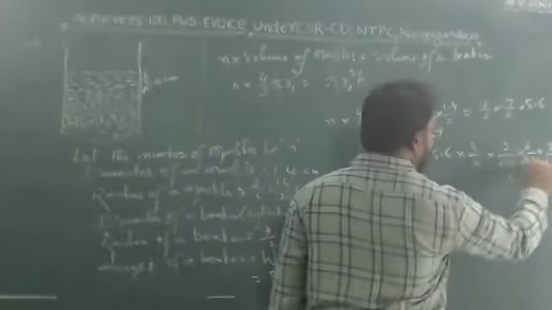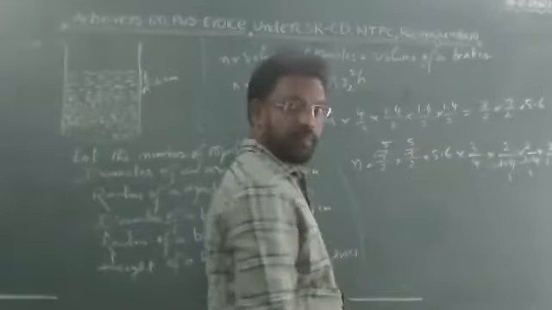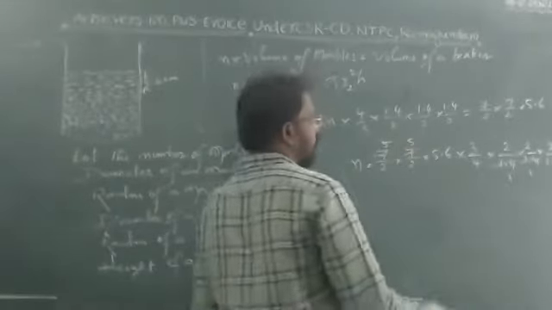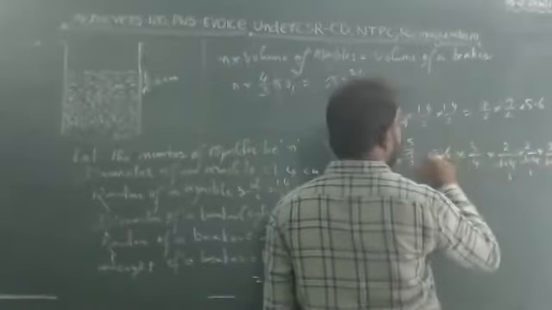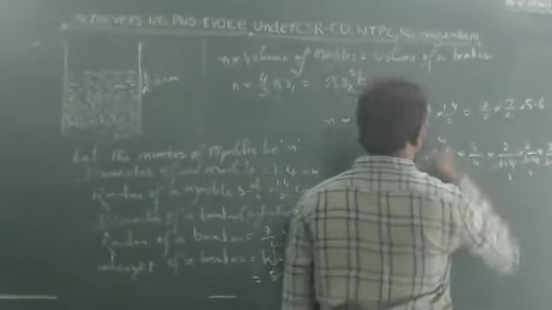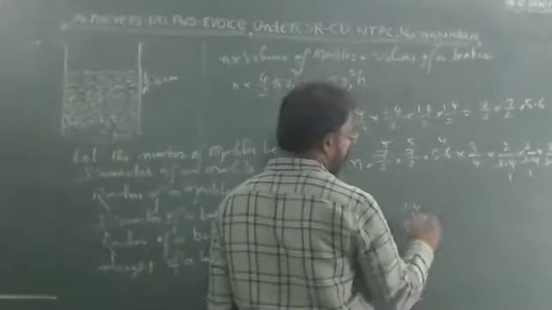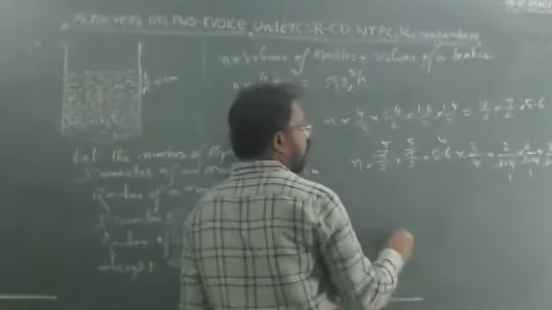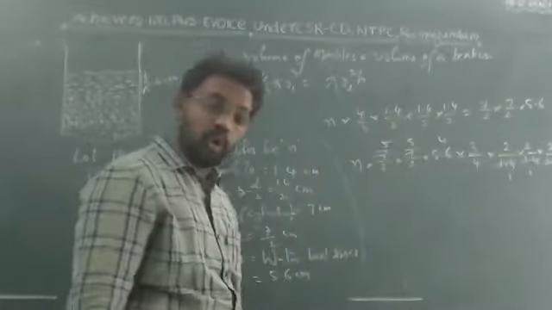Again 1.4 5s are 7. And here also 1.4 4s are, 4 4s are 16, 4 1s are 4 plus 1.6, 5.6.